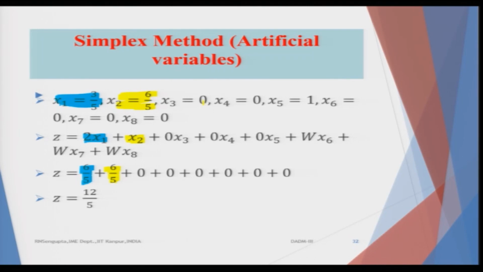All other variables x3, x4, x6, x7, x8 are all zeros. x5, even though it is 1, is being multiplied by 0, hence the total value for that is 0. So, the total objective function has now become 12 by 5. That means I have been able to minimize the problem to the value of 12 by 5.